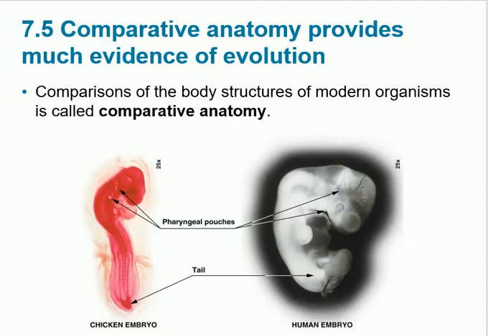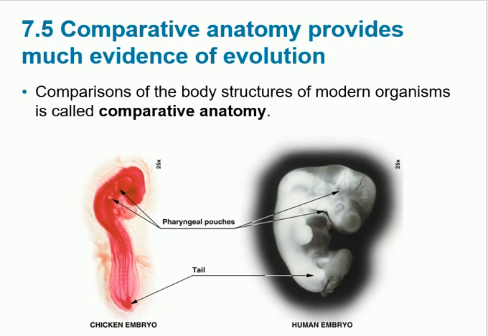Biogeography. The other thing that they used is comparative anatomy. This is another thing that they used as evidence. So we're going through the evidence of evolution now, right? Fossils is one, biogeography is one, comparative anatomy. So they're comparing the anatomy of humans versus chicken.